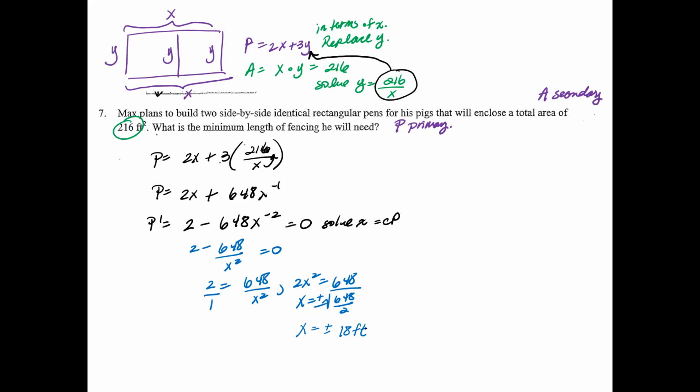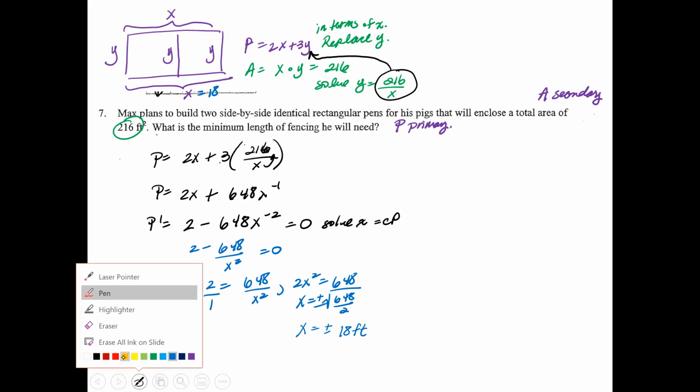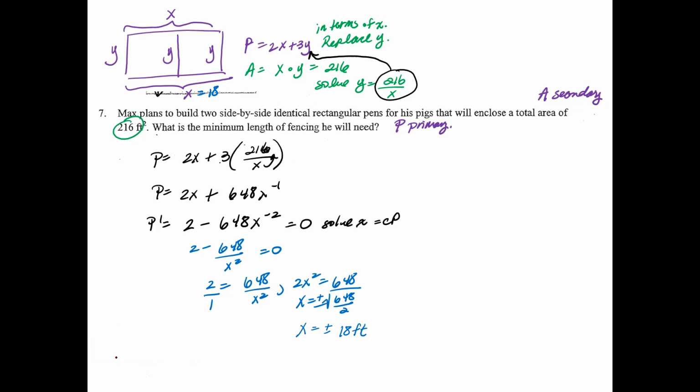Okay, so I know that the x value here is going to be a positive 18, can't be a negative 18 because your length can't be a negative length in terms of feet. So now that I have this part here, I need to figure out what y is. Now you are aware that 216, which is the area, equals x times y. Well, now that you have x, you can replace the x with 18 times y, divided by the 18 on both sides. Y is going to give you 12 feet.